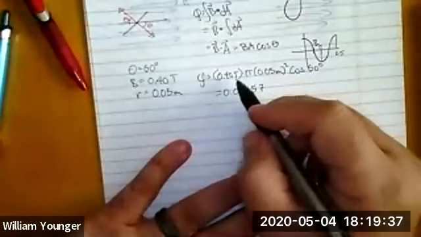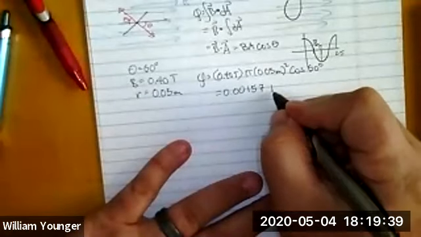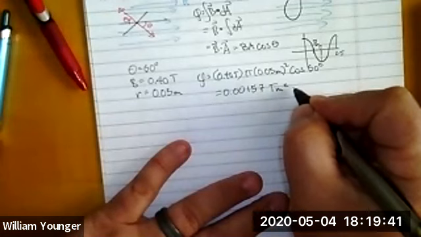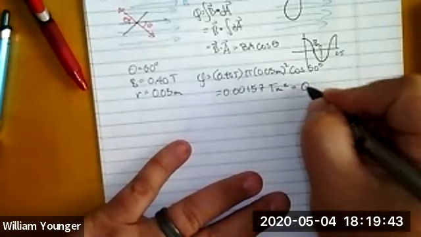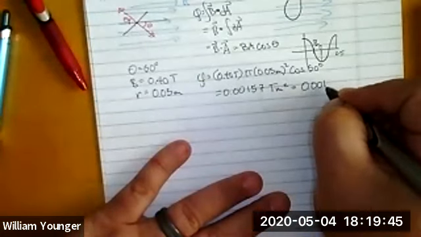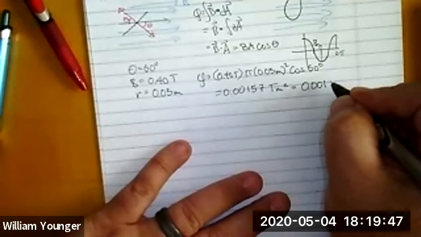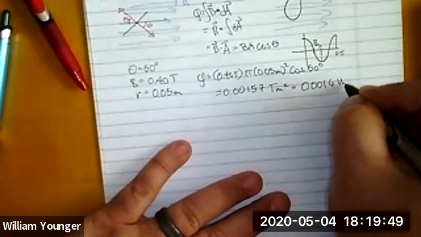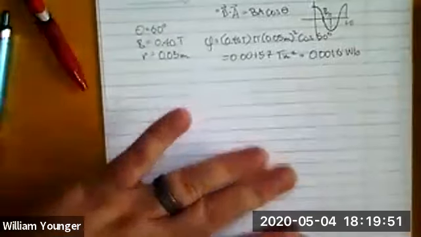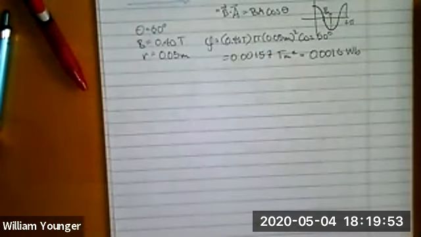And the actual units is Tesla times square meters, which we've since defined to be the Weber. So using proper sig figs, 0.00116 Webers. So that's sort of the simplest type of problem you're going to solve.